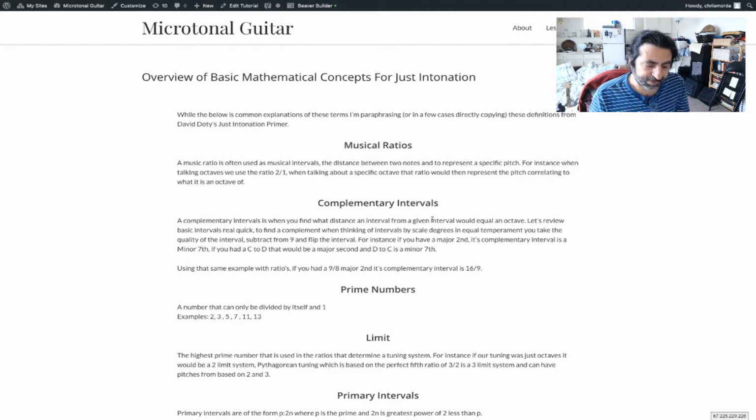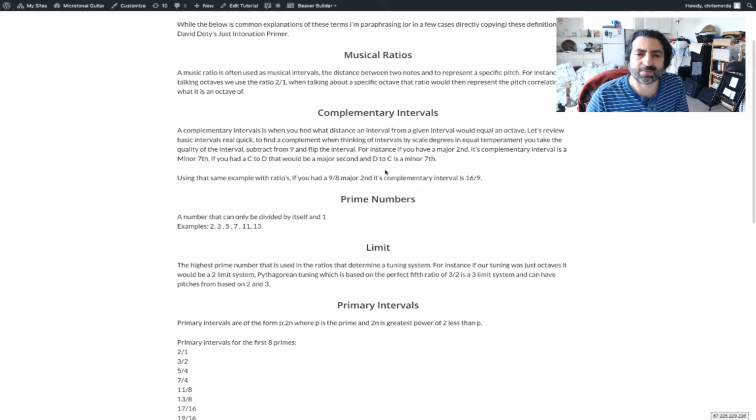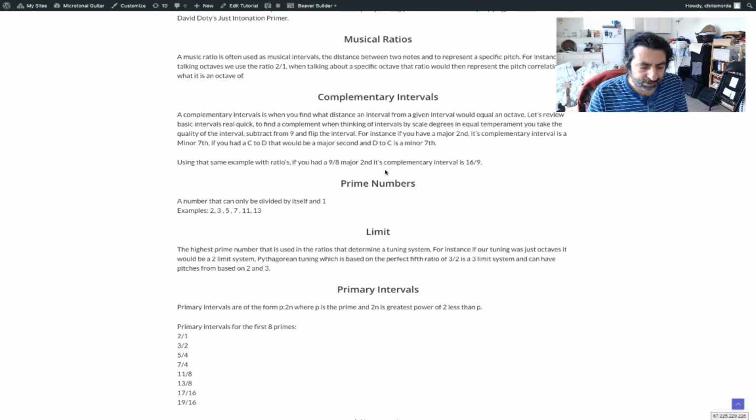So complementary intervals. Okay, that's the next thing that's really important in my opinion. When we're talking about intervals in equal temperament, let's say in the key of C major, we go from C to D. From C to D is a major second, we call that, right?